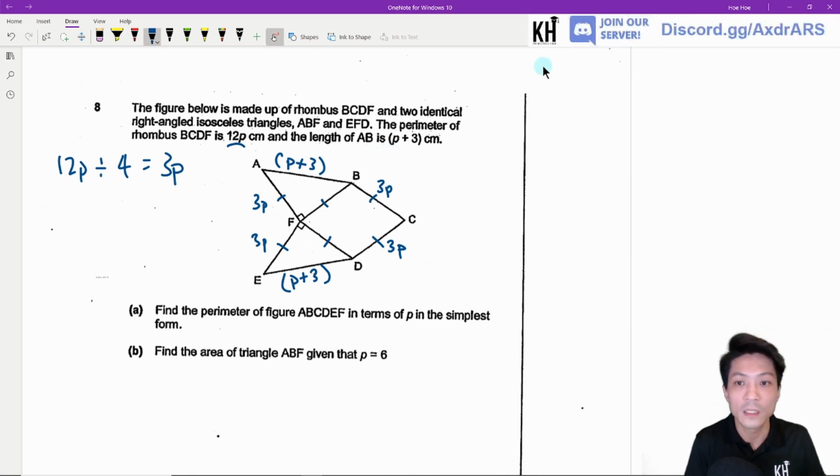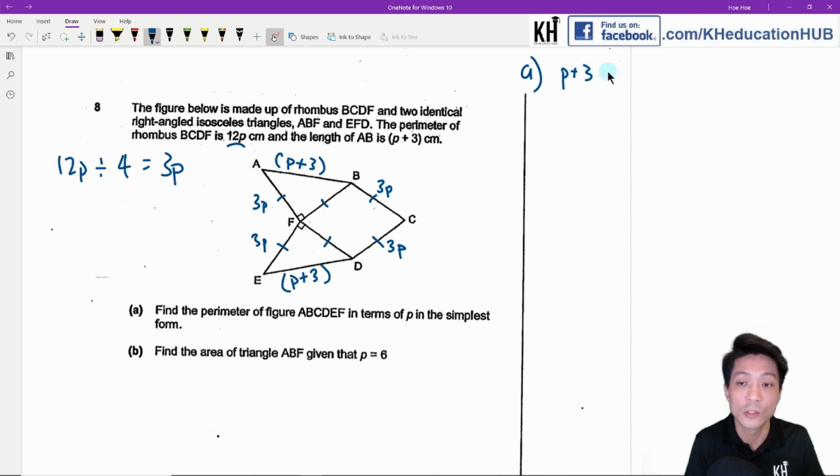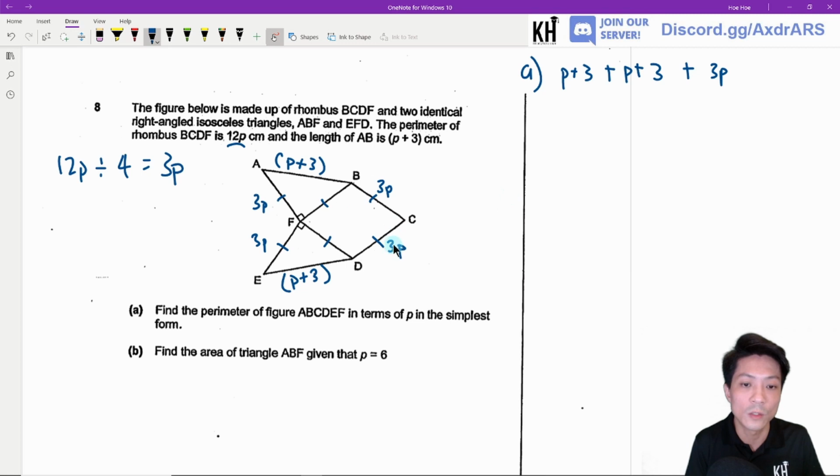So for part A, to find the perimeter of the figure, we just need to add up everything. So p plus 3 plus p plus 3 plus 3p, there is 1, 2, 3, 4 of them, so I'm going to multiply by 4.